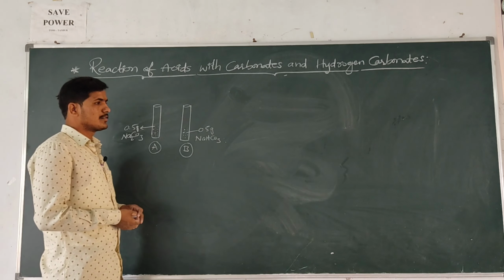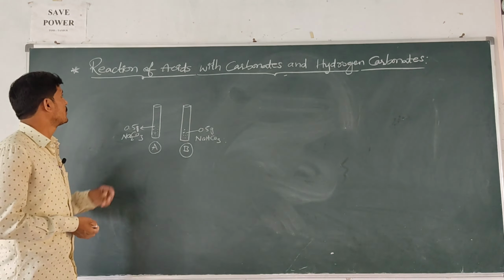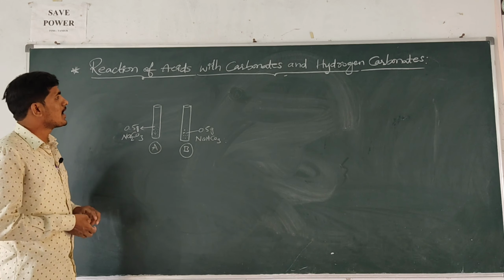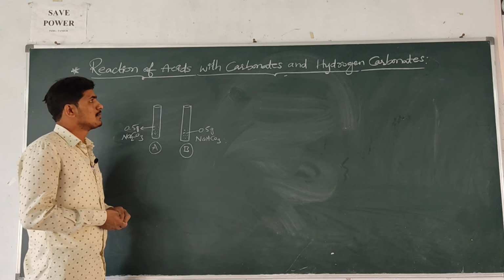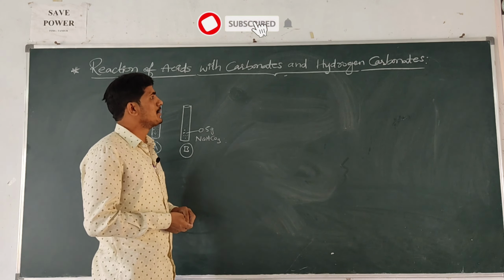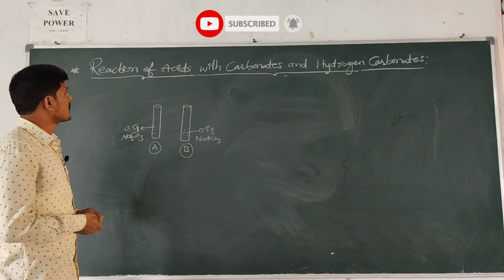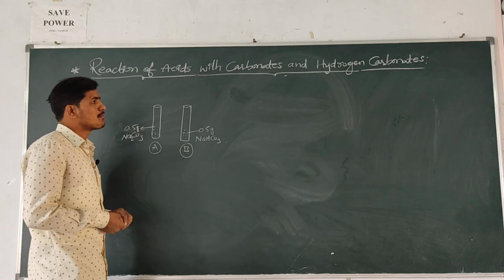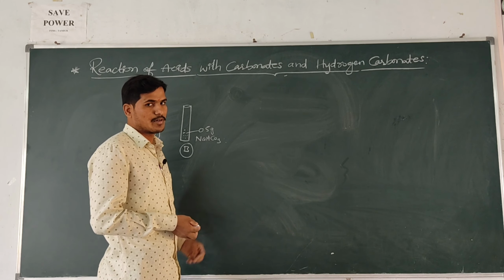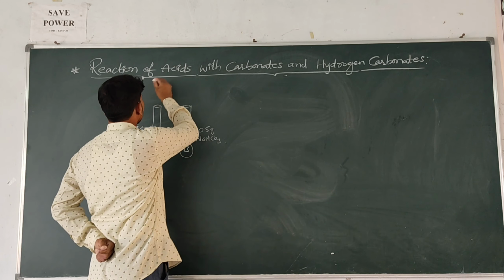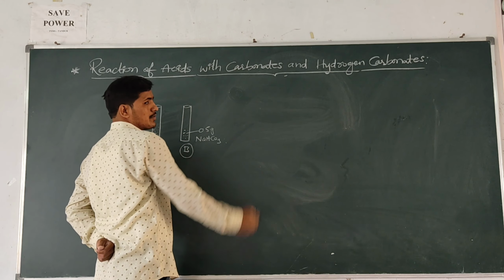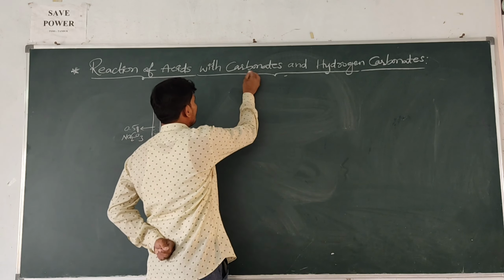Okay. Now the students are going to discuss the reaction of acids with carbonates and hydrogen carbonates. What is meant by acids, we know. Now what is meant by carbonates?